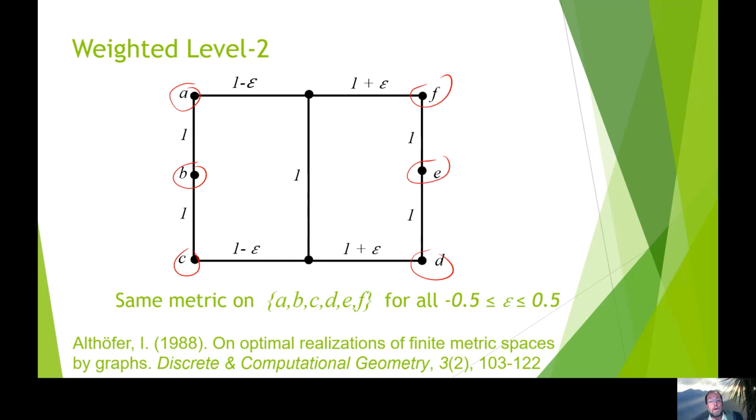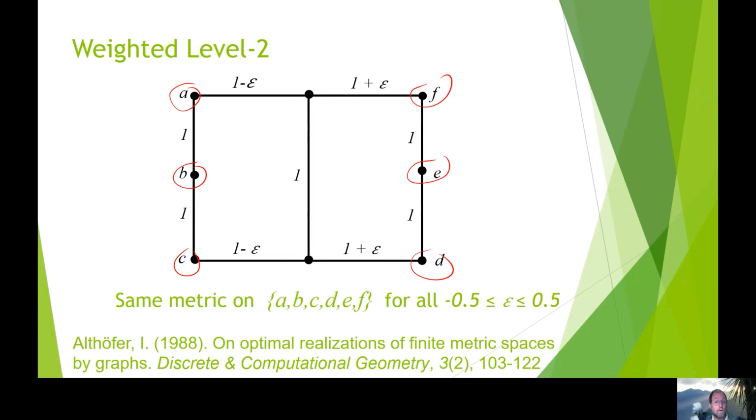The distances between these species are given by taking, again, shortest paths. And you see that we've got a level 2 network now because we have to remove 2 edges to get a tree, okay? And if you take a stare at this, and you look at the distance matrix that you get on the set A through F, then it's exactly the same for every epsilon lying between 0.5 and minus 0.5.